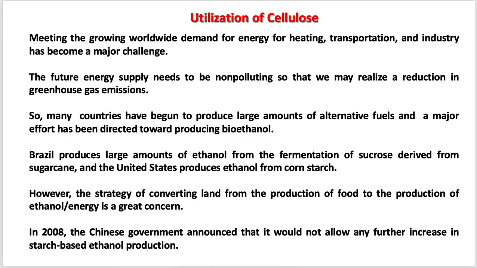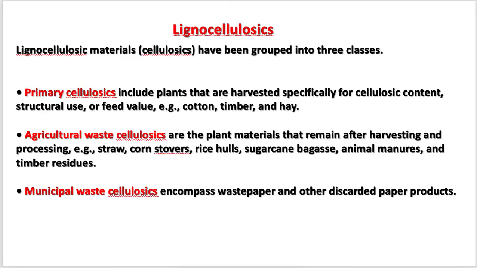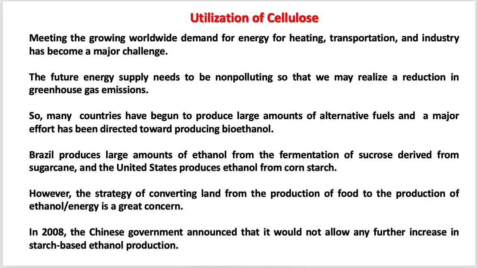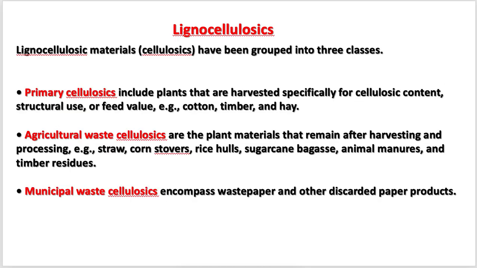How these are used and how recombinant technology can help to improve the utilization of these compounds have been discussed in the rest of the slides. So I will suggest that you just go through these slides and it will not be that difficult to understand.